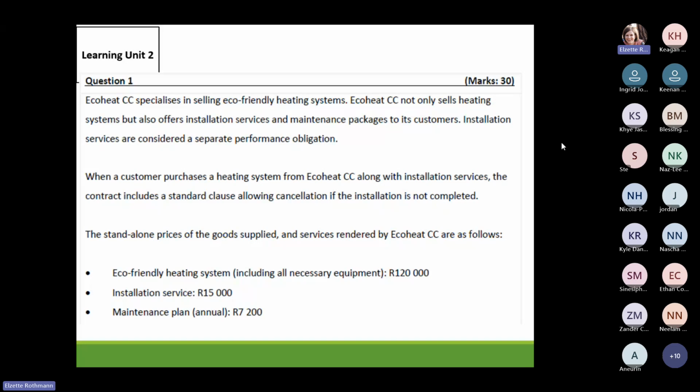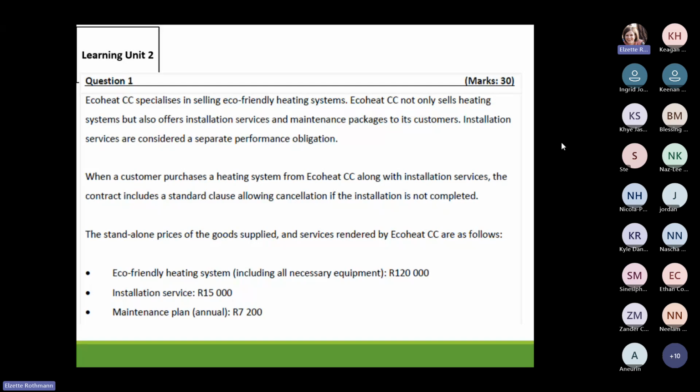Installation services are considered a separate performance obligation. Okay, that's important. You have to read carefully. So they have a heating system, but the installation is a separate performance obligation. So probably you can't really use the heating system without it being installed.